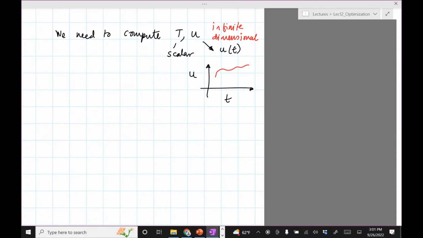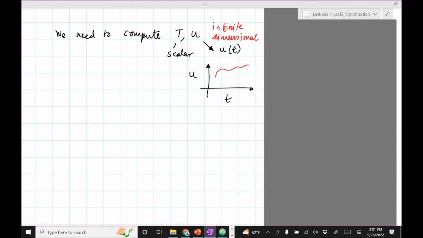Between 0 and 1, there are infinitely many numbers. So technically speaking, you need to evaluate u of t at every single point from 0 to whatever capital T is, and there are infinitely many numbers from that. So instead of solving that problem in infinite dimensional space, we use finite dimensions to solve it.